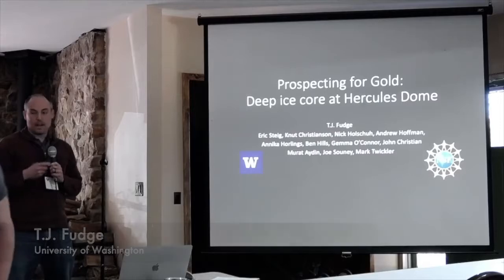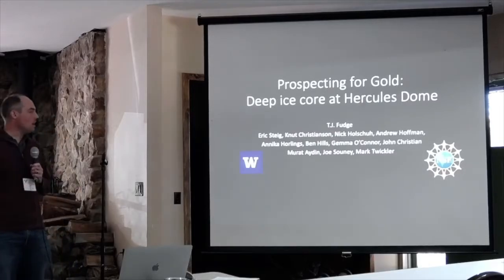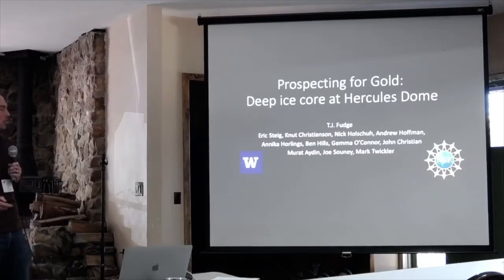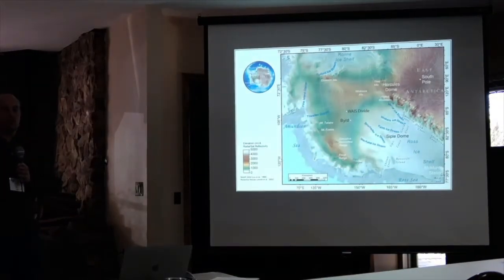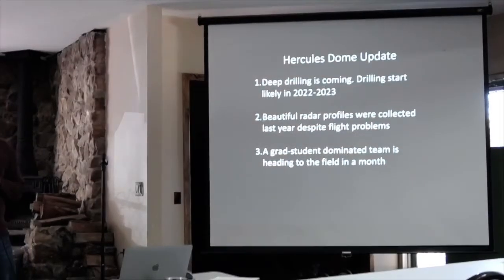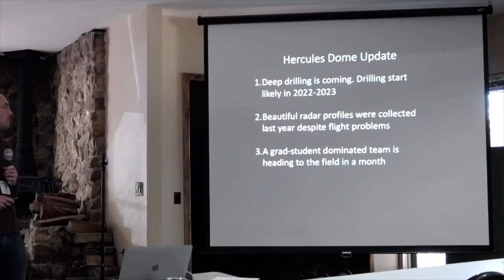So my title is Prospecting for Gold: drilling a deep ice core at Hercules Dome. Hercules Dome is at the intersection of East and West Antarctica up on the ridge. It is a spot where we are going to drill a deep ice core, most likely beginning in 22-23.